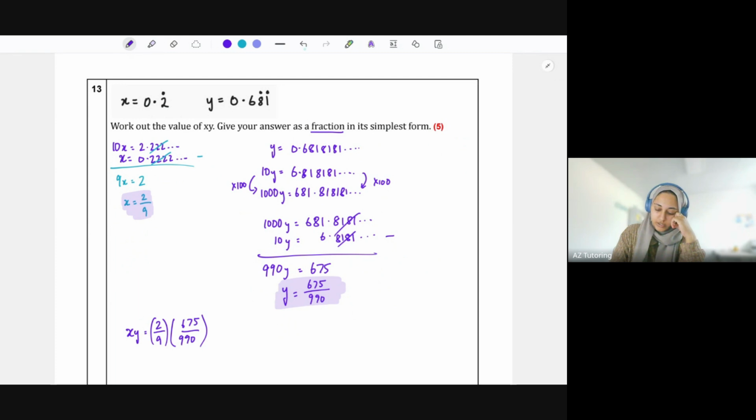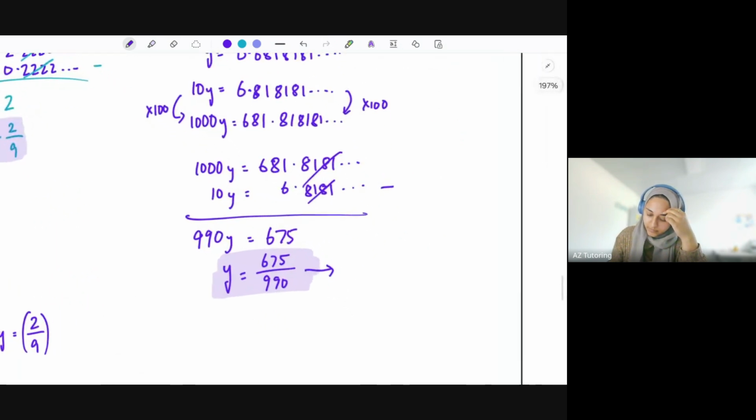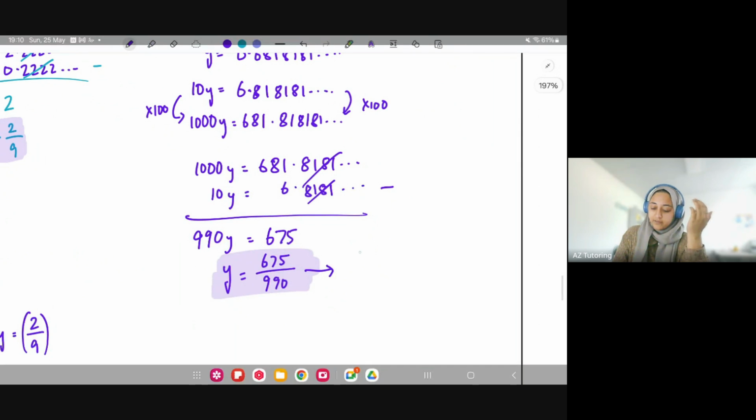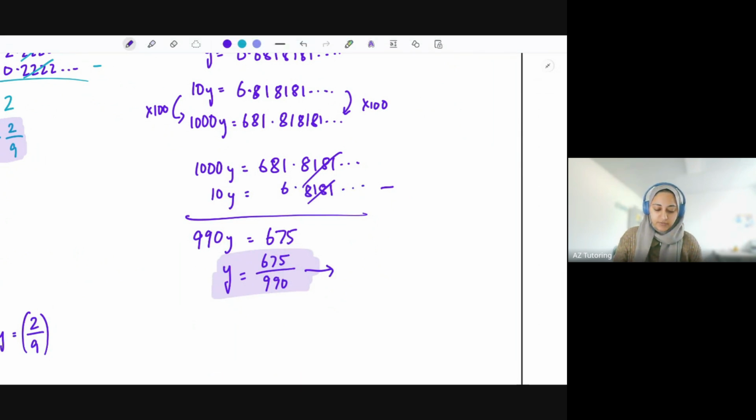So I'm going to do that actually. Before plugging y in, I'm going to simplify this. So I can divide the top and bottom by 5. So 675 divided by 5, just use your bus stop method. I'm just going to quickly use a calculator to save time. 990 divided by 5 gives me 198.